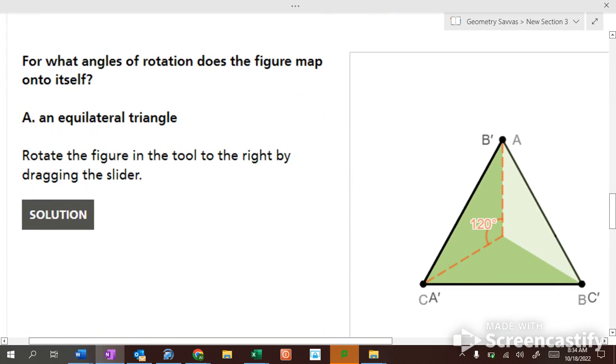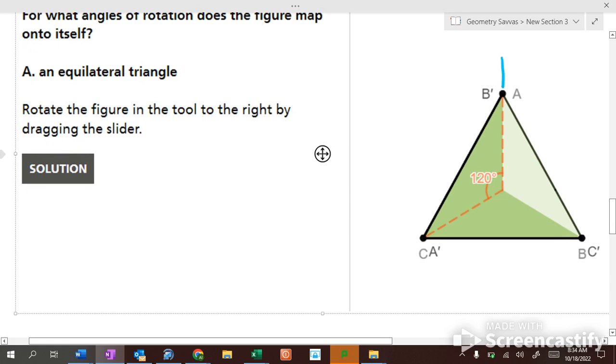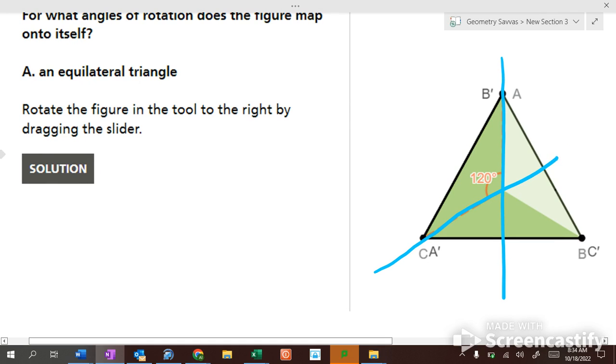A triangle. Let's do reflectional symmetry on the triangle. How many reflections can we make on a triangle if it's 3-sided? Now, if there's an odd number of sides, you can go right down the point, and then through this point, and then through this point.